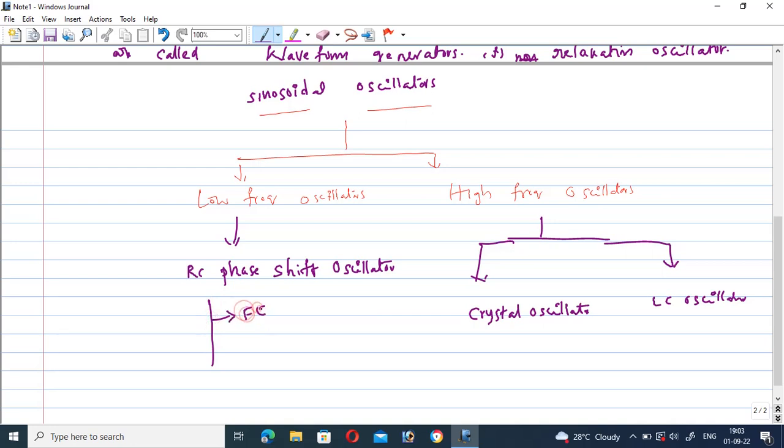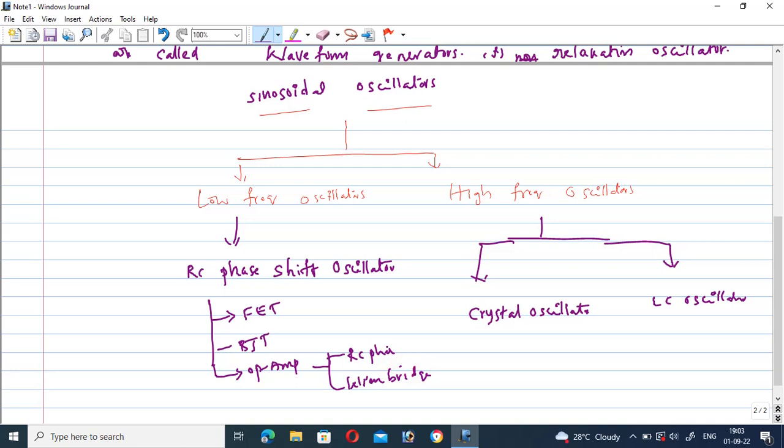These RC phase shift oscillators can be produced using different devices: a FET, a BJT, or an op amp. With the help of an operational amplifier, we can produce the RC phase shift oscillator and the Wien bridge oscillator.